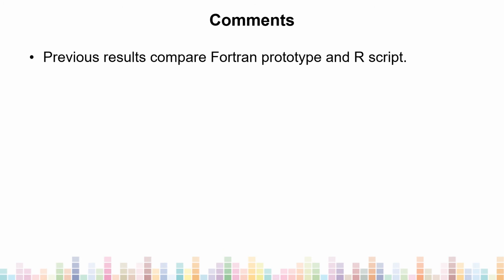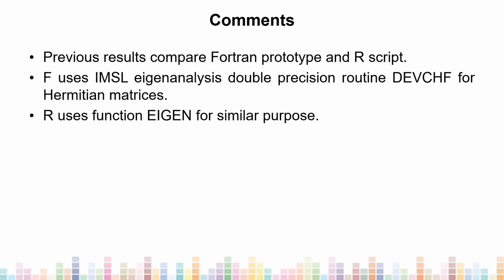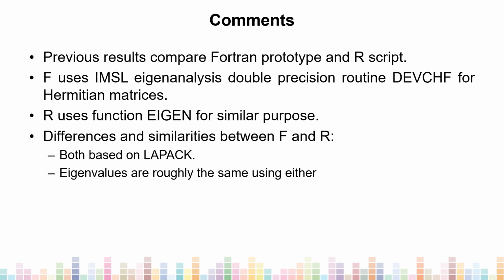We think that one of the main reasons for the differences lies in the different routines used for eigenanalysis. Both routines are based on LAPACK, and we have seen that the eigenvalues are roughly the same.